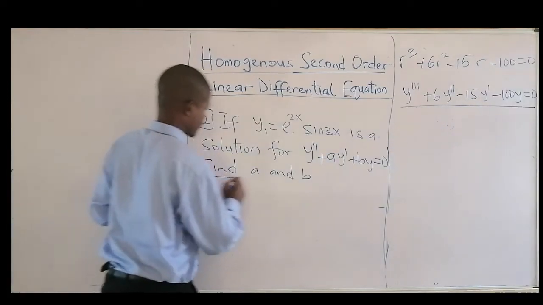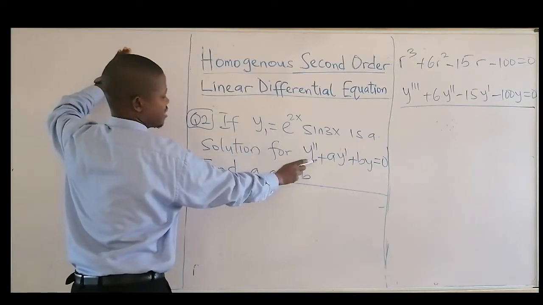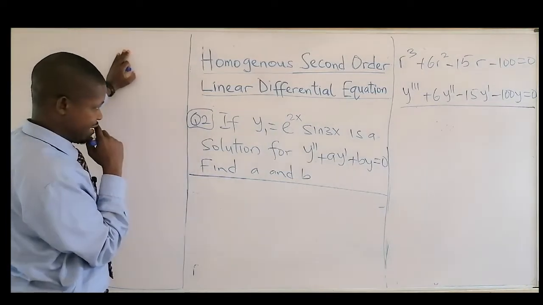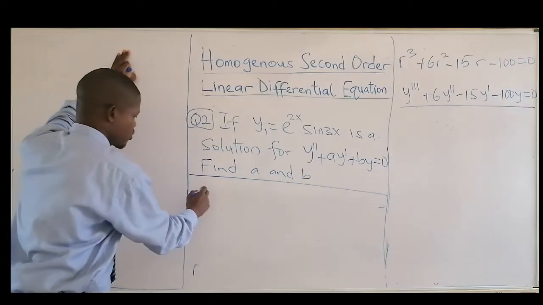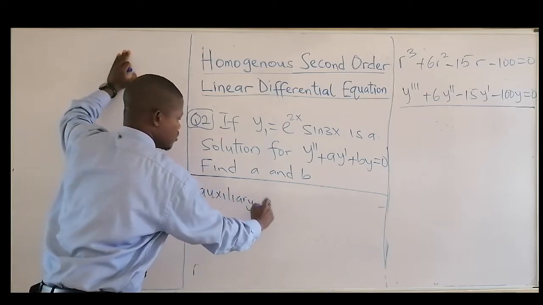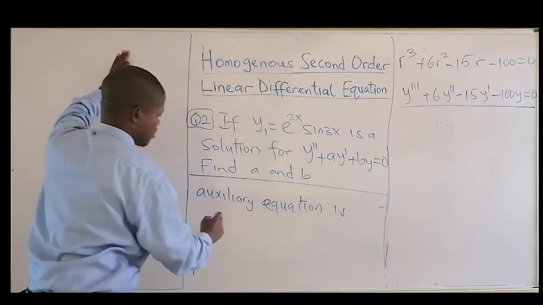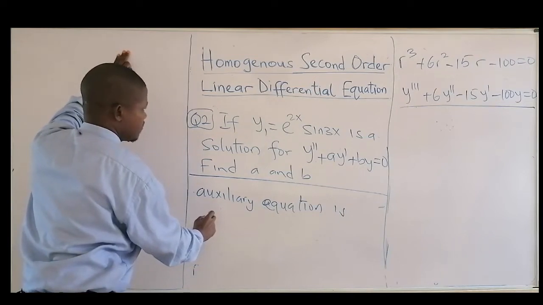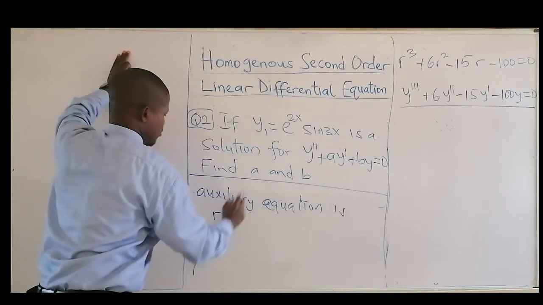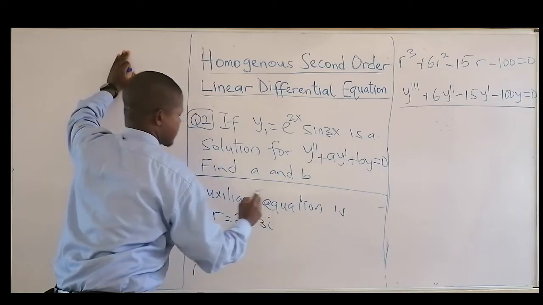For this question, if this is a solution for this, this implies that the auxiliary equation is r equal to, don't forget this is the alpha, 2 plus or minus this is the beta, that's 3i.